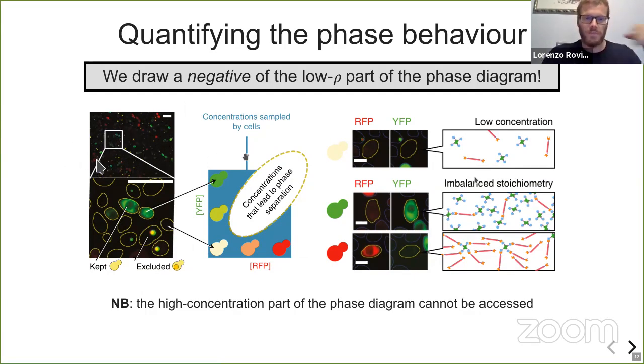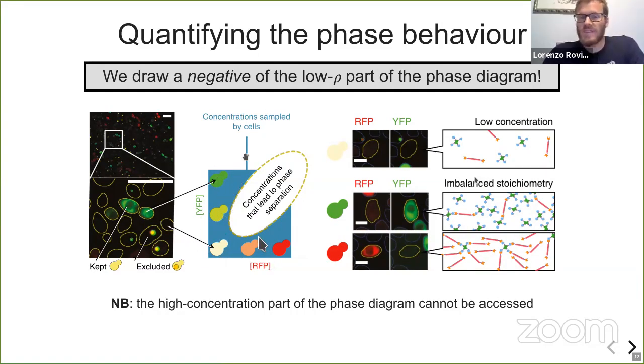We don't consider the cells that have condensates in them. We disregard those cells in our analysis and take only the ones that have homogeneous fluorescence throughout the cell. Those will be these ones, the red, orange, yellowish, and green ones here.